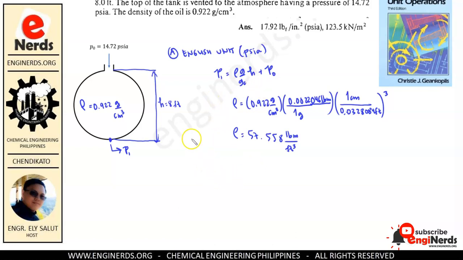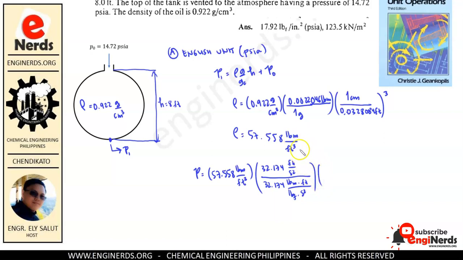So therefore, pwede na nating solvein to, no? So, we have pressure is equal to our density, which is 57.558 pound mass per cubic feet times our g over gc, 32.174 feet per second squared over 32.174 pound mass feet per pound force second squared times our height, which is 8 feet.